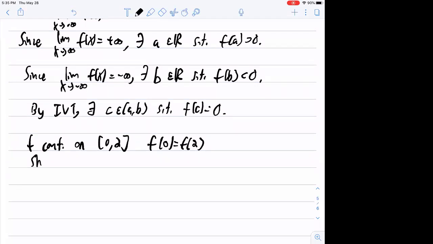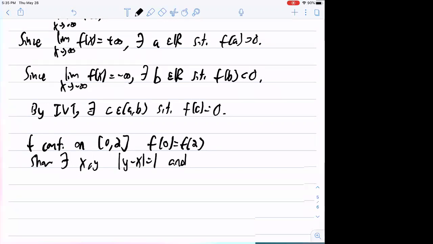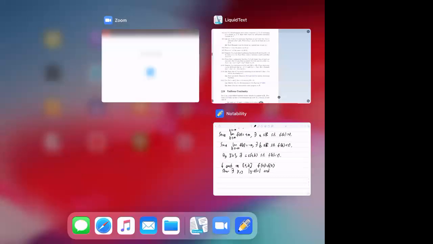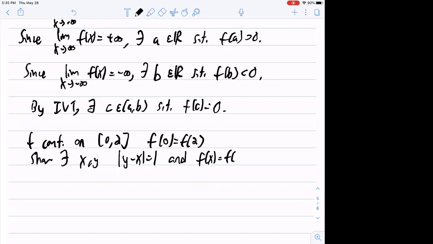Show there exists x, y where y minus x is 1 and f of x equals f of y. So the hint is to consider g of x equals f of x plus 1 minus f of x.